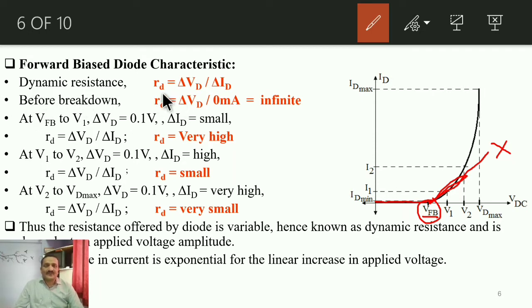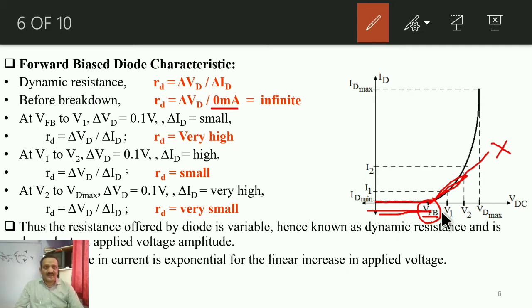Suppose I try to find the resistance offered by the device between applied voltage 0 to VFB. If the applied voltage is less than VFB, the amount of current flowing through the diode is 0 milliampere, because we have not overcome the barrier potential.